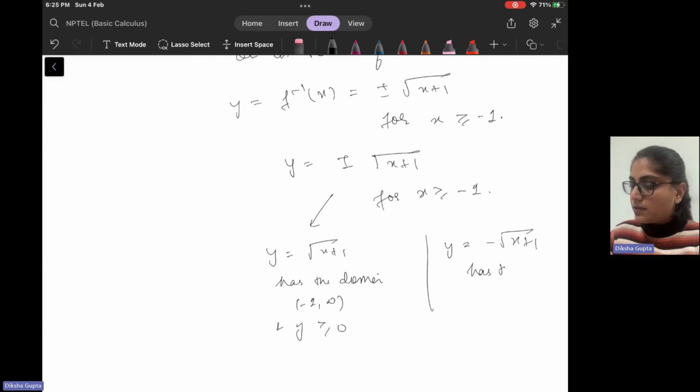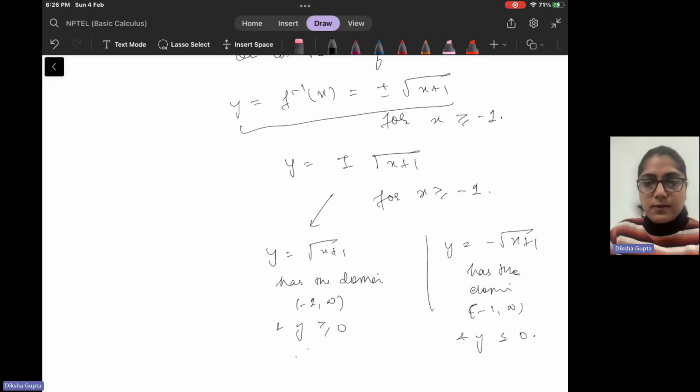These two are the inverse functions, meaning when we restrict the domain to positive reals and negative reals. So if we restrict the domain to positive reals, then this will be the inverse, and this will be the inverse for the negative reals, right? That is, x belongs here, x belongs here.